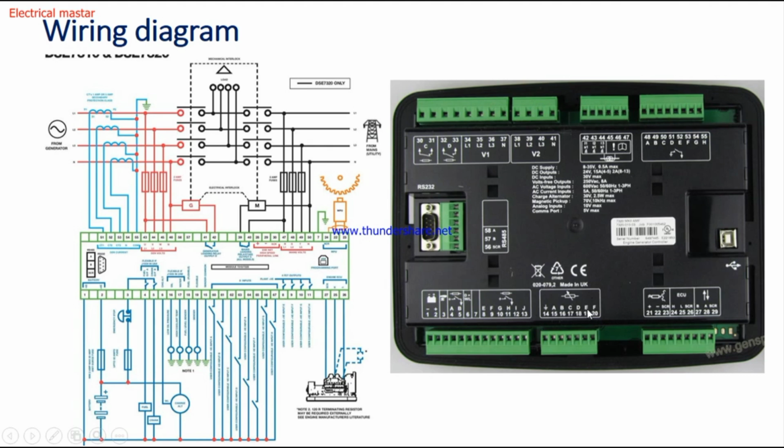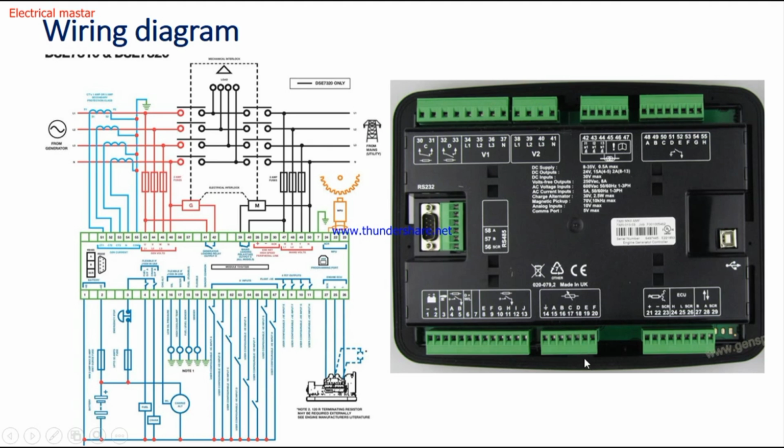Other than D, E, F, we can use these terminals either for additional sensor inputs, or through the software we can change this auxiliary input signal to a digital input, like remote start. For example, the 18th pin can be configured through the software for the remote start input.